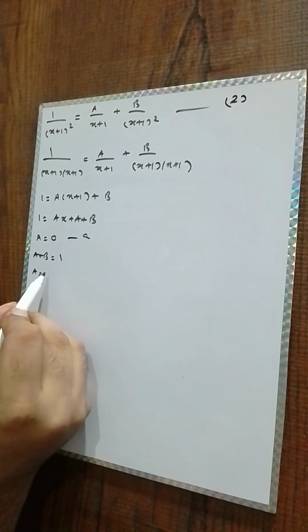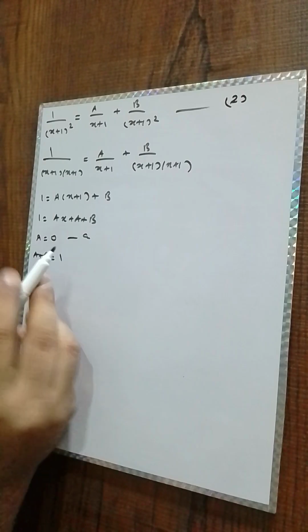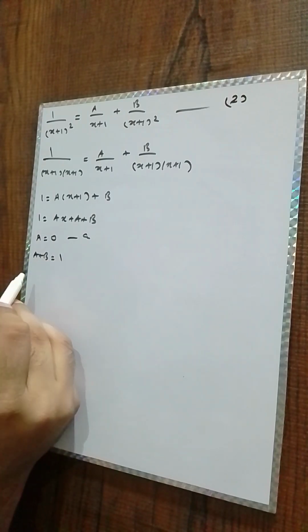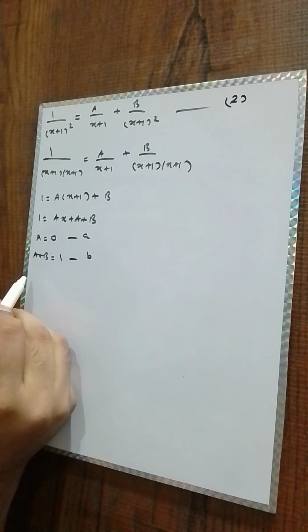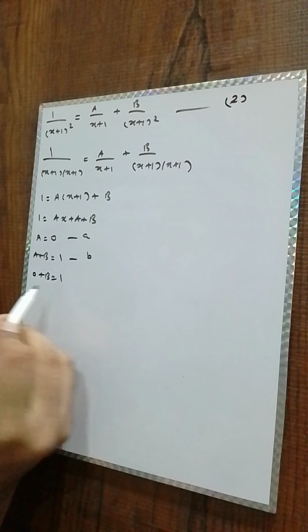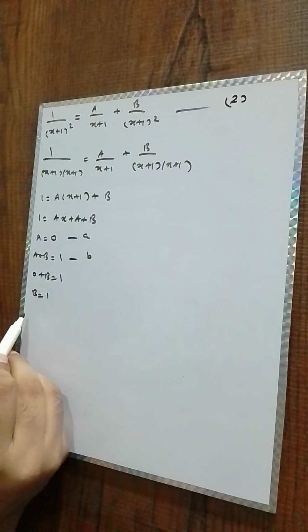So a is equal to 0, and a plus b is equal to 1. So 0 plus b is equal to 1, so b is equal to 1.